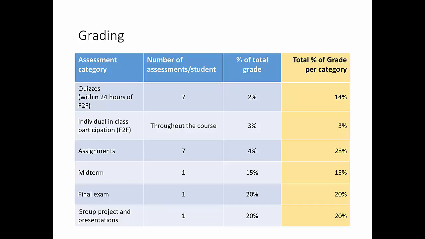Topics presented during the group presentations in week 9 and 10 are fair game for the final exam. The group project will require sustained group-initiated work on a specific topic throughout the course to produce a summary document and a group presentation. Each group will present once, and all students in a given group are expected to participate in the presentation.